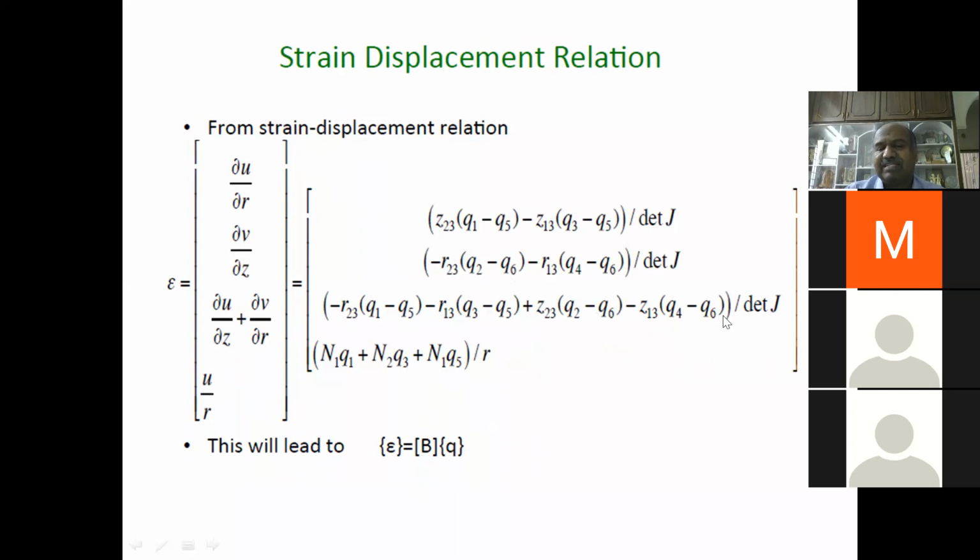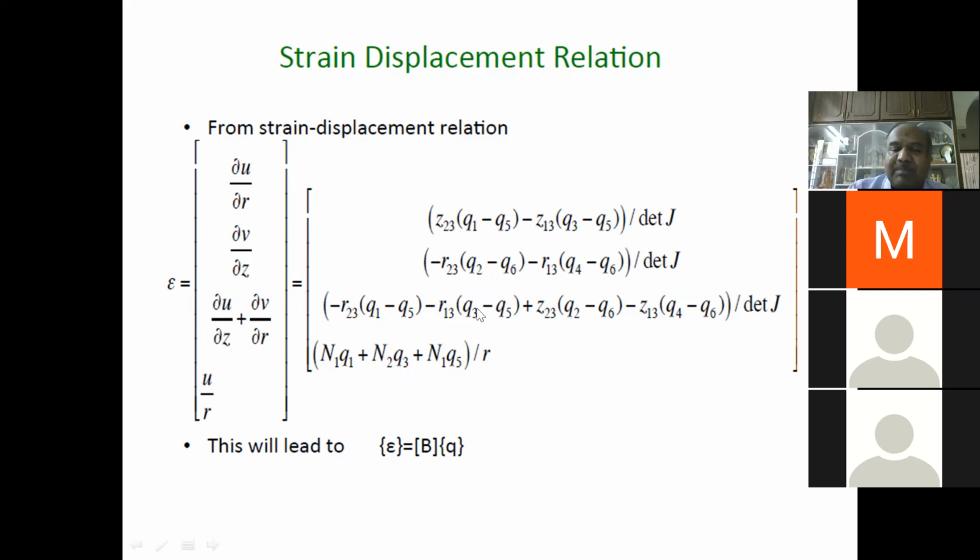Here both the r and z will have j. And here you have epsilon theta is u by r, where u is N1 q1 plus N2 q3 plus N3 q5. Only radial direction displacements: shape function at node 1, radial displacement at node 1; shape function at node 2, radial displacement at node 2; similarly shape function at node 3, radial displacement at node 3.